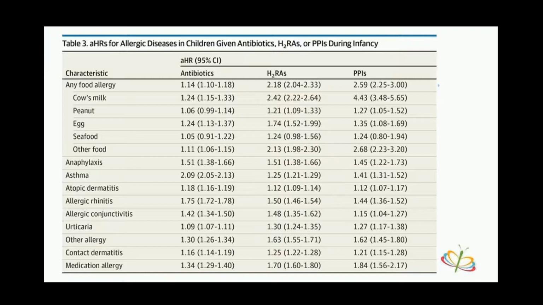So a couple of first things to note when looking at the table is that none of them are less than 1. They all indicate a positive relationship or an increased risk to all of these various allergic conditions.